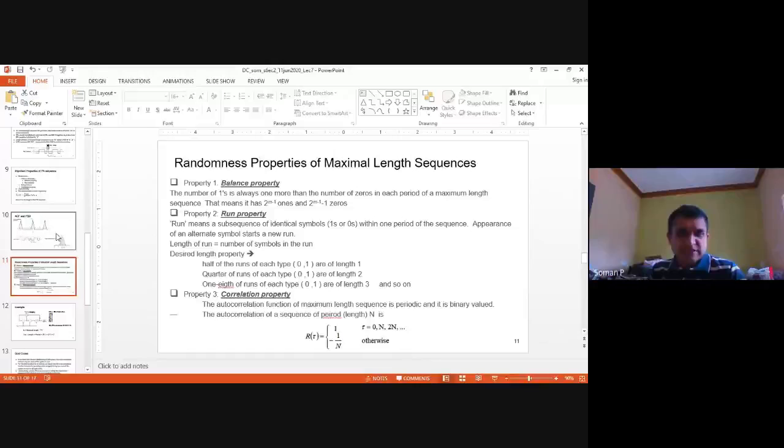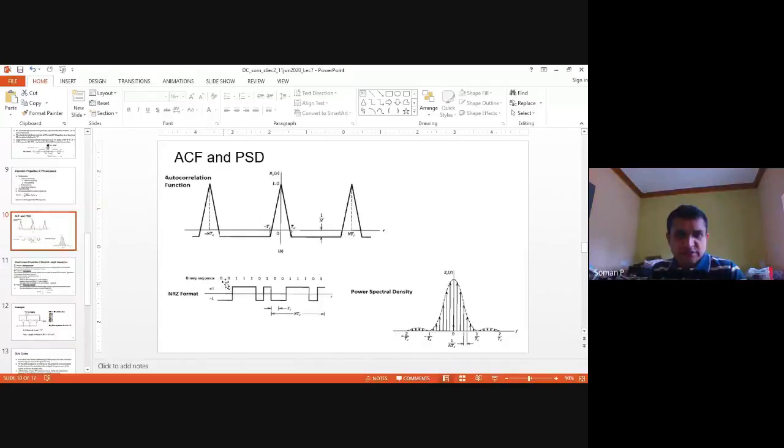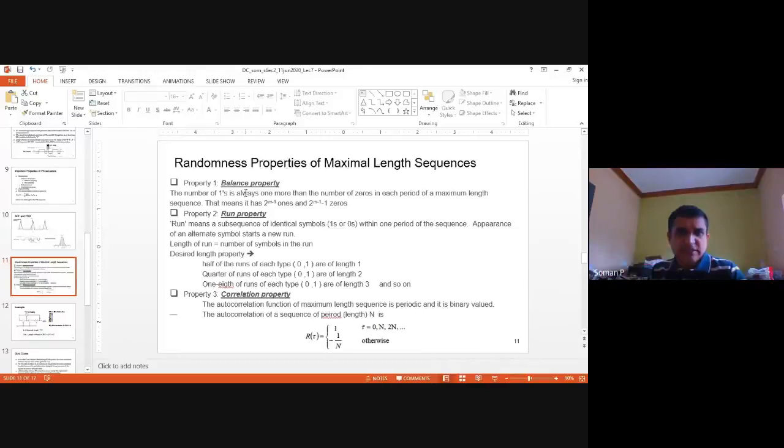That is evident from here. In this sequence, the number of zeros is 1, 2, 3, and the number of ones is 4. There are 3 zeros and 4 ones. So that is the balance property.